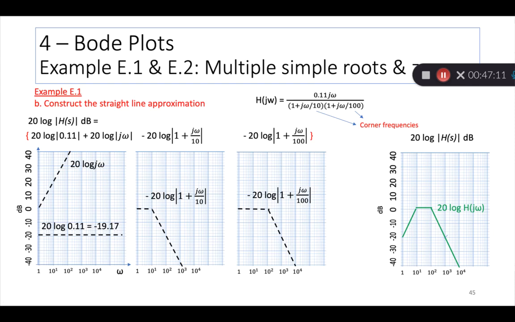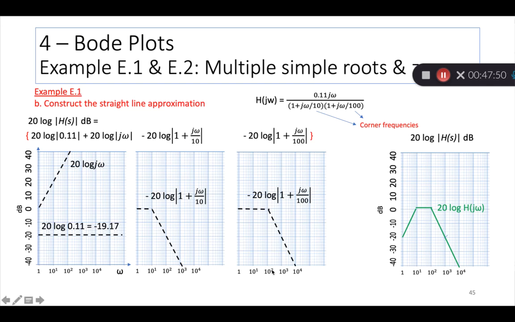So 0 and minus 20 gives you the starting point of minus 20. Then pick a couple points so that you can add these values individually. So for example, at 100, what is the story? At 100, this is still that slight value of minus 19, right? Right there. At 100, this has hit 40, right? At 100, this has hit, if this is 0, this is minus 20, right?